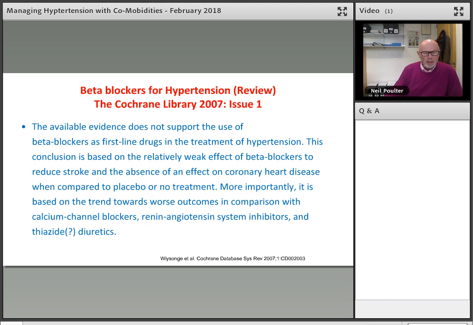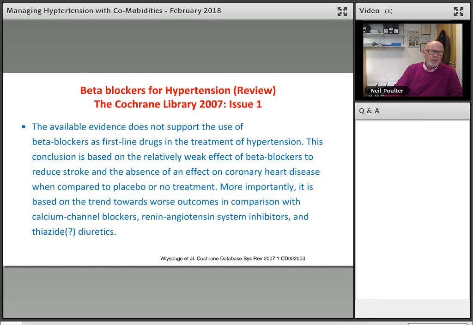The story about beta blockers is an important one, and this is the sort of thing I think lots of countries use beta blockers in settings other than post-MI, and I think that's unwise. I think this is one example. We've known for over 10 years now that the available evidence doesn't support the use of beta blockers as first-line drugs in the treatment of hypertension unless you've got established coronary disease or maybe heart failure.